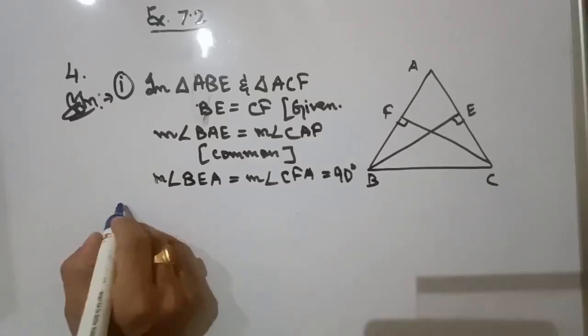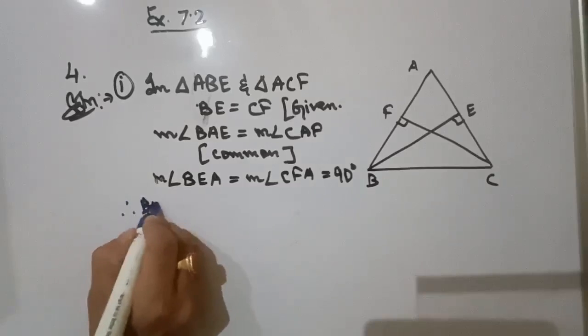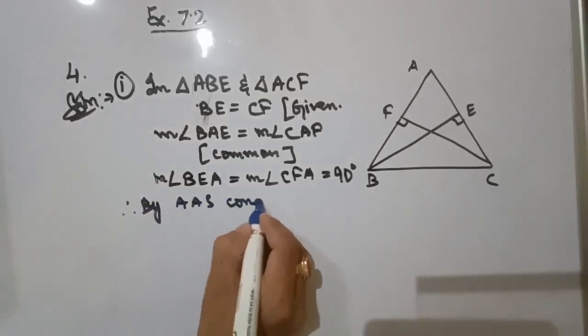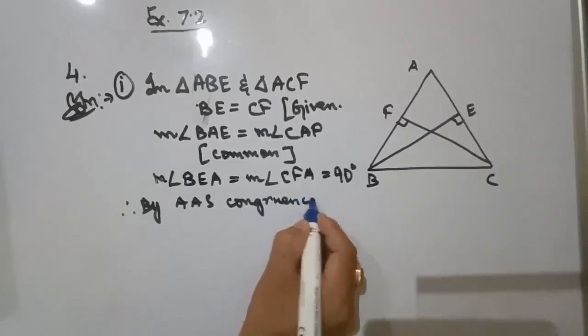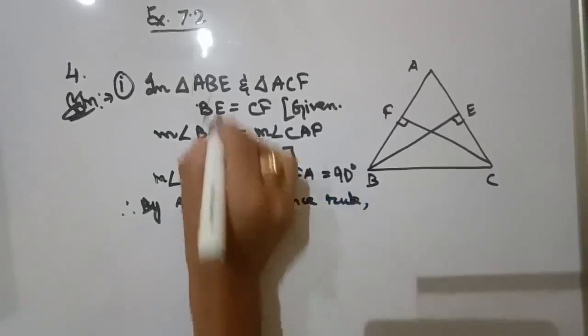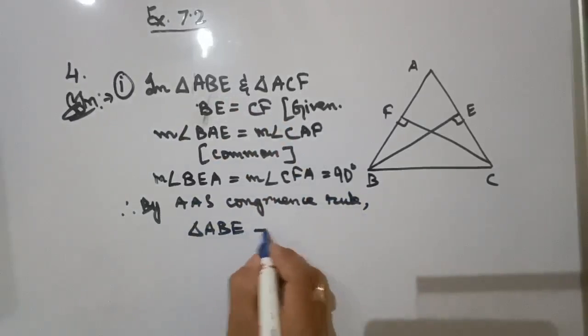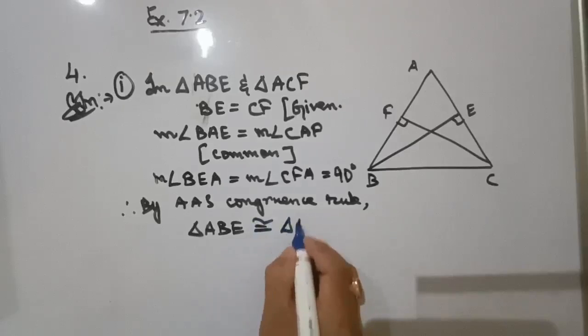Now therefore by AAS congruence rule, these two triangles, that is triangle ABE is congruent to triangle ACF.